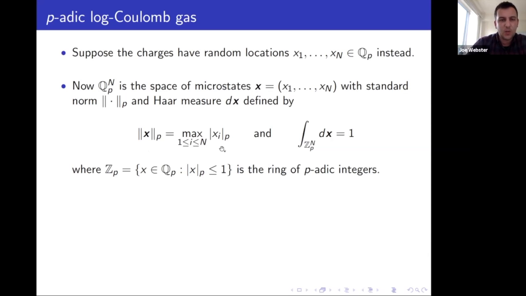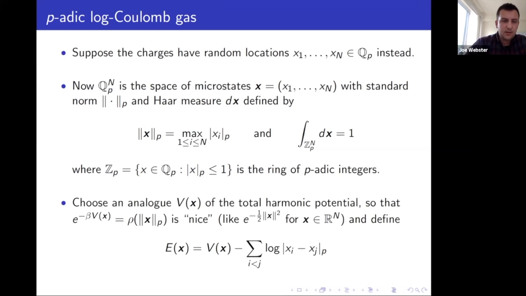Natural in the sense that it will extend the strong triangle inequality, which Qp already has. And also, as we've seen in earlier talks, this is a good choice for normalizing the Haar measure that we're going to use. So from now on, dx stands for the Haar measure that I've normalized here, and this stands for the standard norm on Qp to the n. Once again, Zp is this closed unit ball.